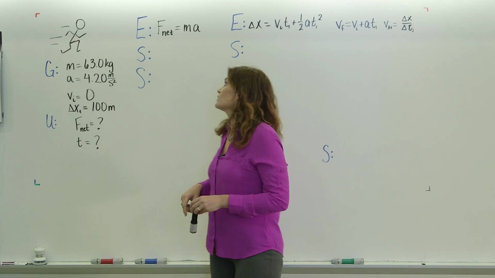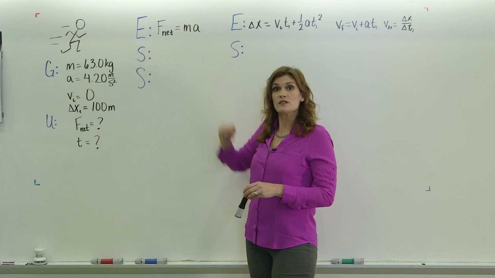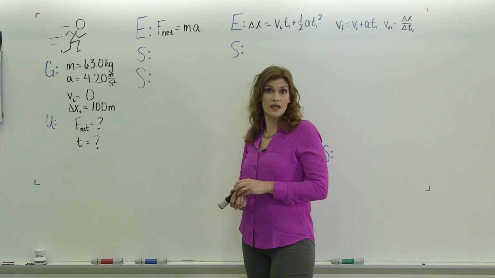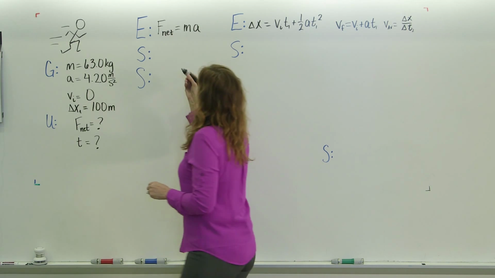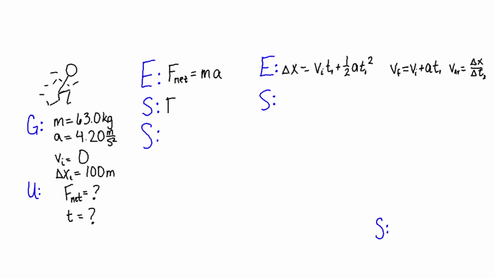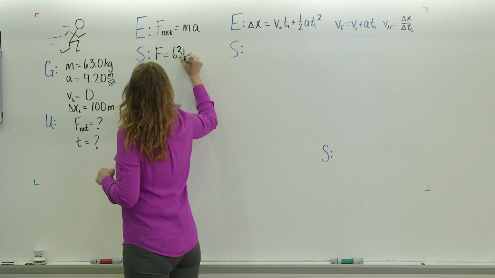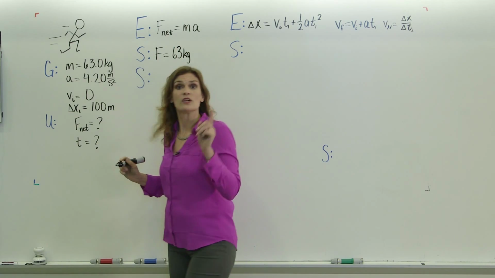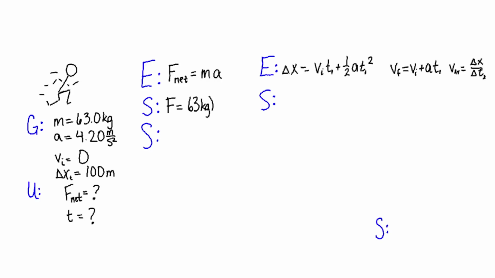So let's get started. We know that our equation for net force is F net equals m times a. We know his mass is 63 kilograms, and we know his acceleration is 4.2.